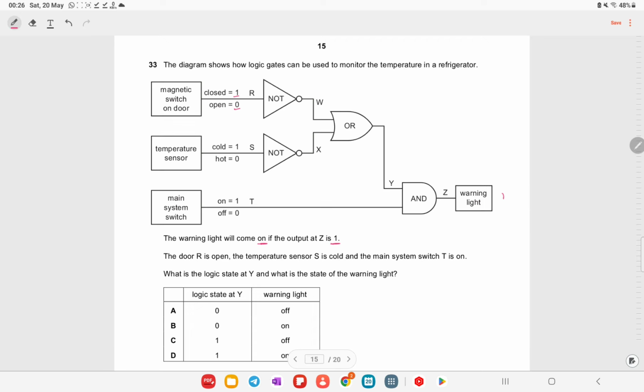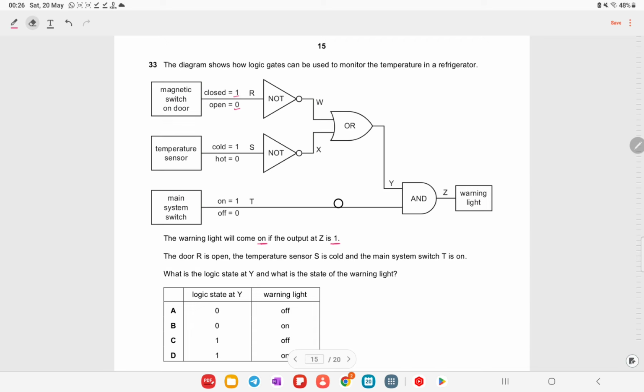So if the output is 1, the warning light is going to be on. The door is open, the temperature of the sensor is cold, and okay, let's do this.